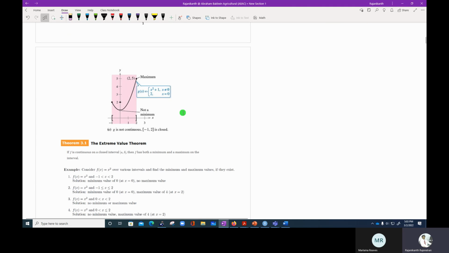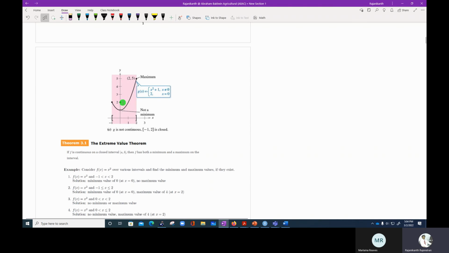Look at the third picture. Here the function has been defined in two pieces. The function g of x is a quadratic function whenever the x value is not equal to 0. In other words, other than at x equals 0, the function is nothing but quadratic. If x is 0, then the function has just the value 2.